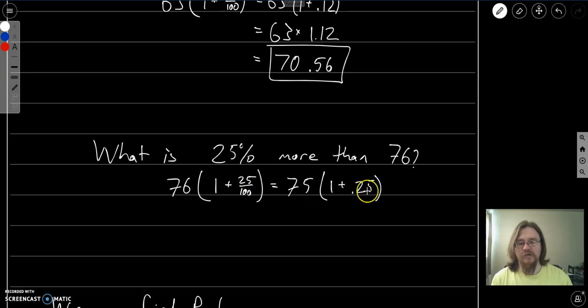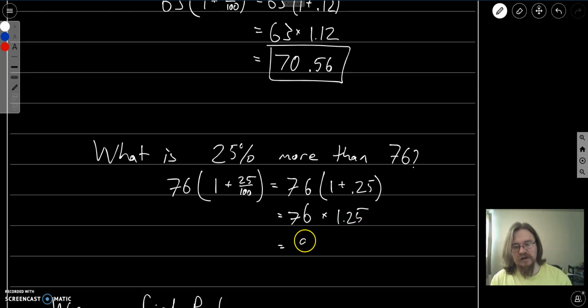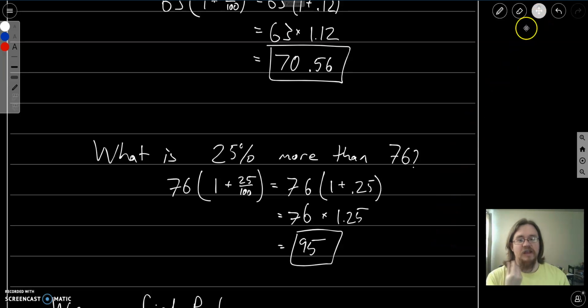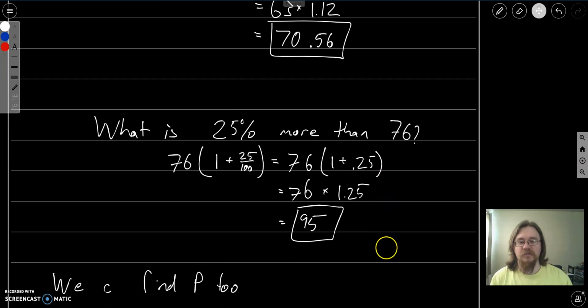So 25 divided by 100 is 0.25. Now I get to add those. 1 plus 0.25 is 1.25. And if we plug this into a calculator, we will get, I did this beforehand, 95. So what is 25% more than 76? 95.